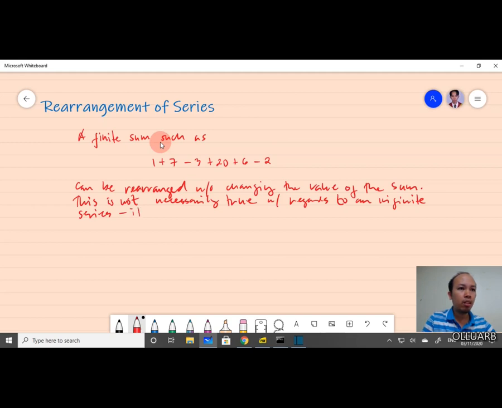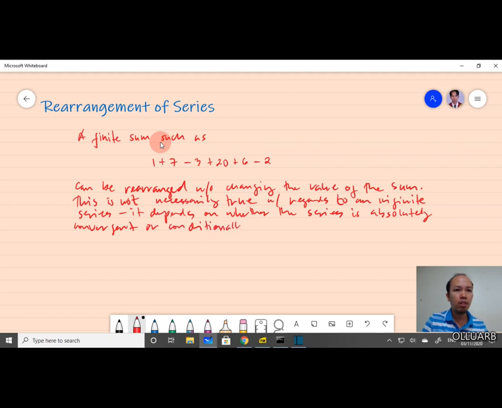It depends on whether the series is absolutely convergent or conditionally convergent.